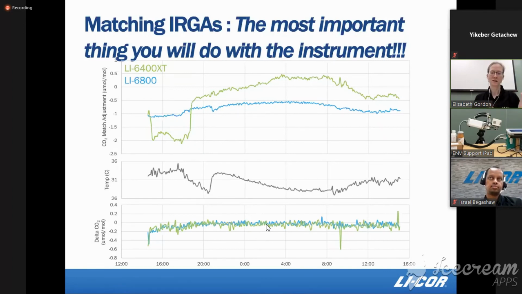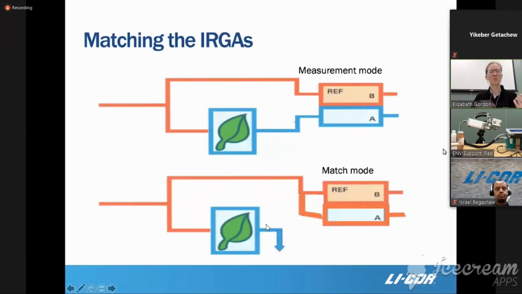Matching is one of the most important things you'll do with the instruments, because without that, you might discover that your analyzers have been wandering off from each other, and it just adds too much complication to life. So when we match the analyzers in the LI-6800, we run the same air through the reference and the sample.